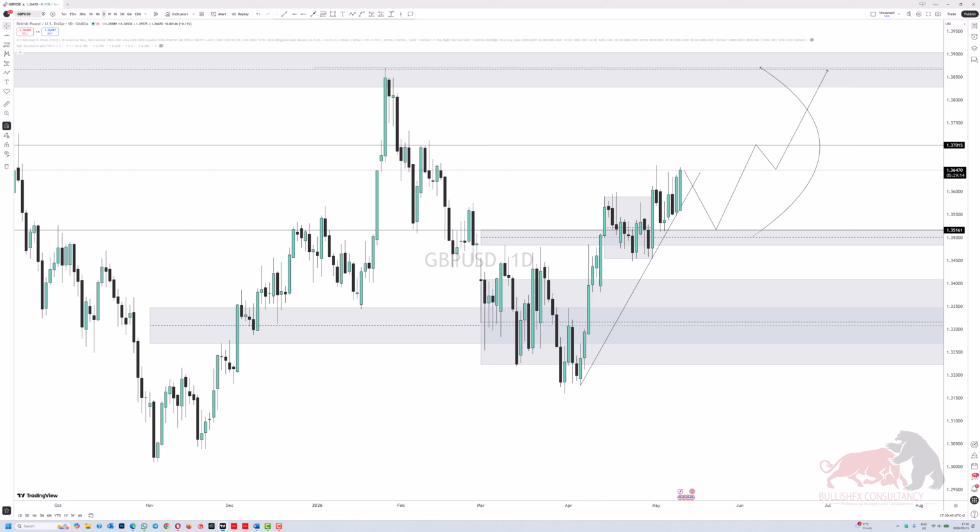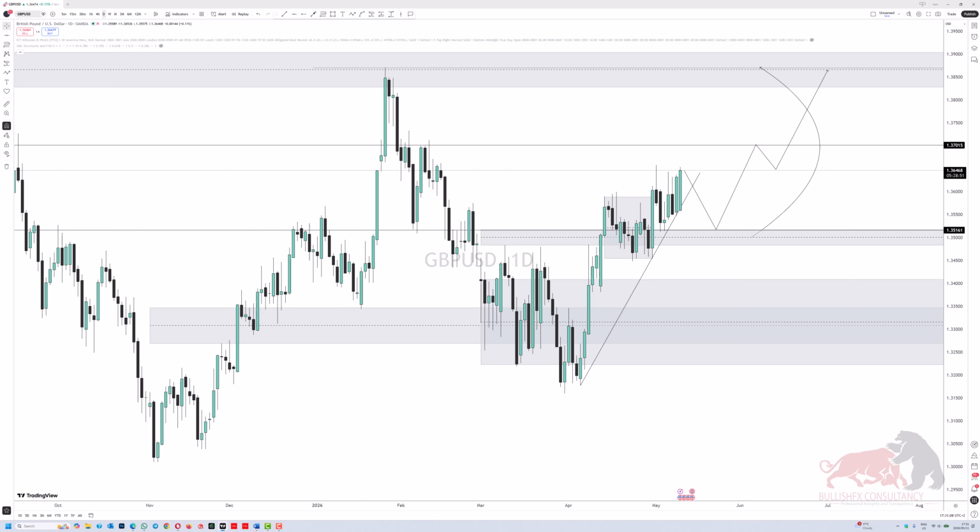So overall, the current GBP/USD environment presents a very compelling bullish case. We have a relatively hawkish Bank of England, and market expectations for additional UK rate hikes are quite high.